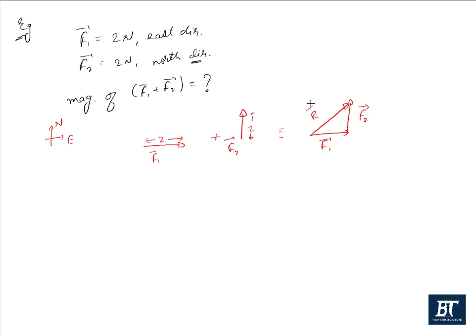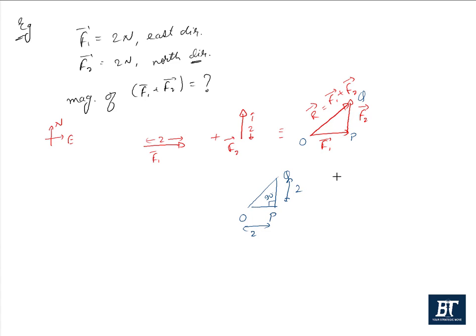So this is our resultant, which is equal to vector F1 plus vector F2. So here we are naming these points as O, P and Q, and in this triangle length of OP is 2, length of PQ is also equal to 2, and the angle between these two sides of the triangle is equal to 90 degrees.